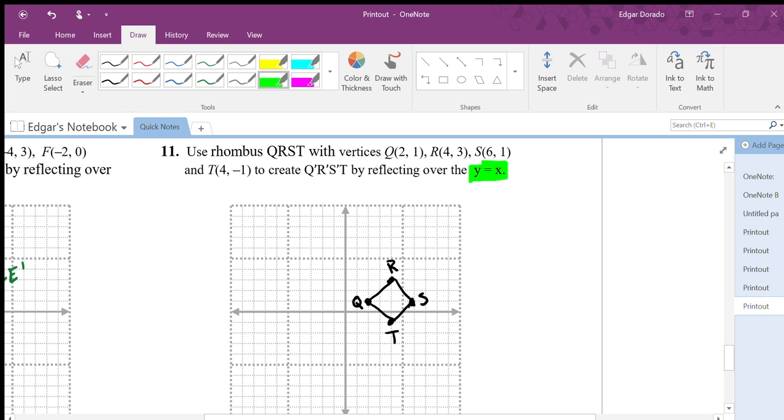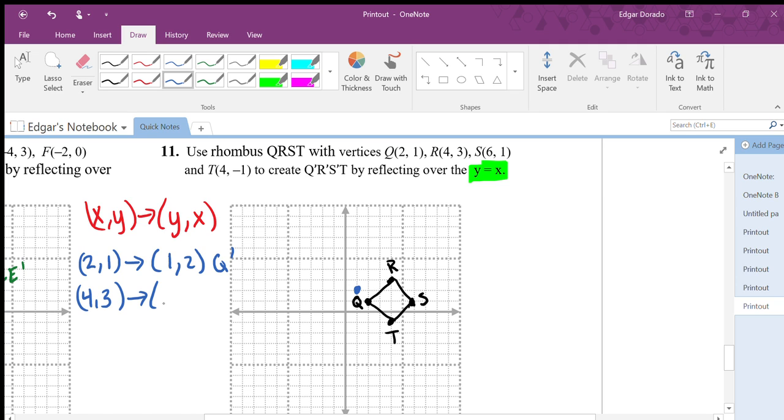Alright, cool. Well, we know our rule, right? The rule is that (x, y) becomes (y, x). So if I have all my original coordinates, Q was (2, 1), that is going to turn into (1, 2) for Q prime. Now R is (4, 3), so my R prime is going to be (3, 4).